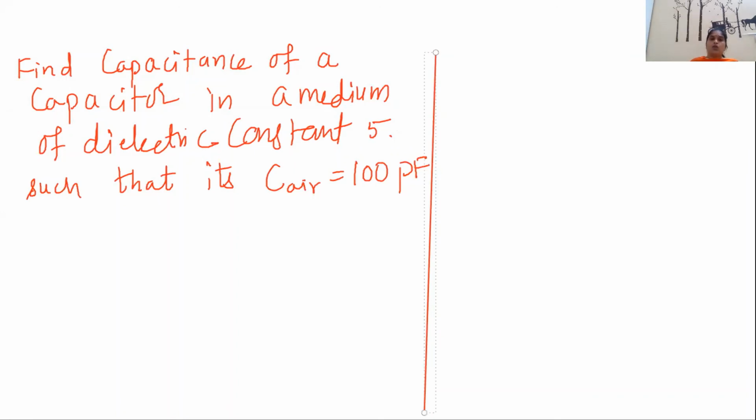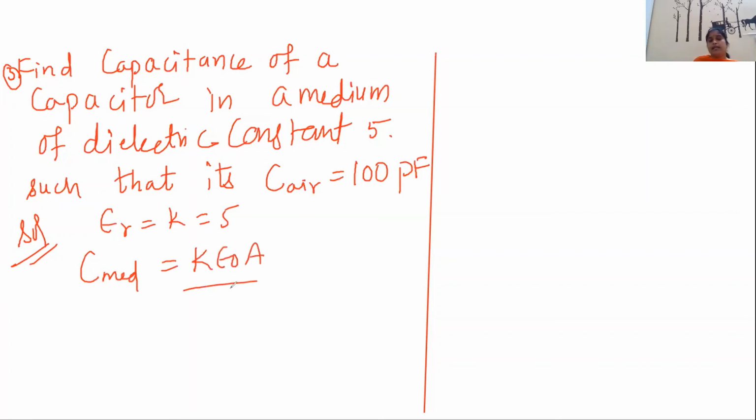Now let us move on to the solution. This is the third problem we are doing. The dielectric constant, which is epsilon r or K, is 5. The capacitance in a medium is given by K epsilon naught A by D, but C in air is nothing but epsilon naught A by D. So C in medium is K times C of air.